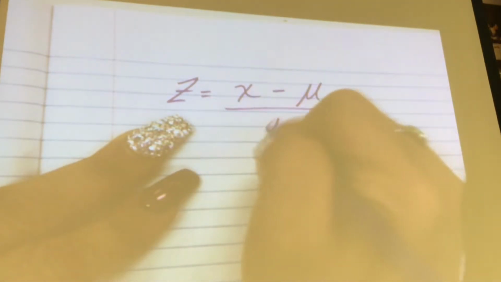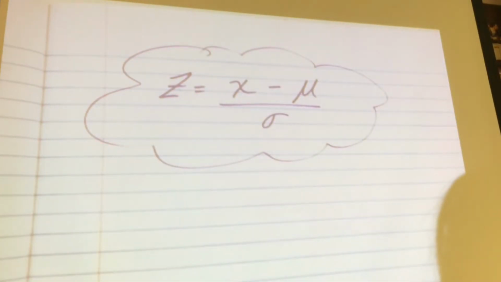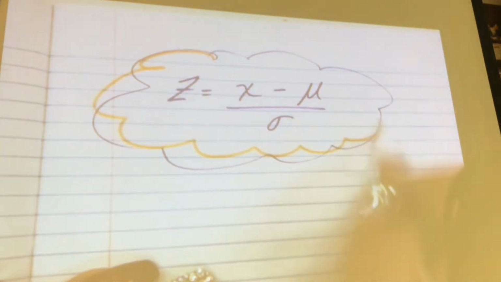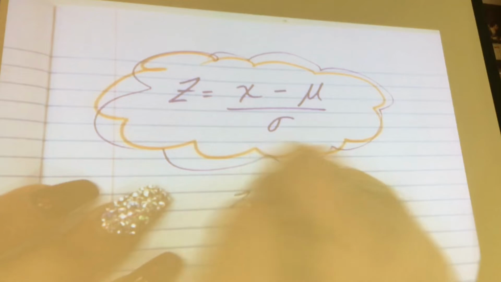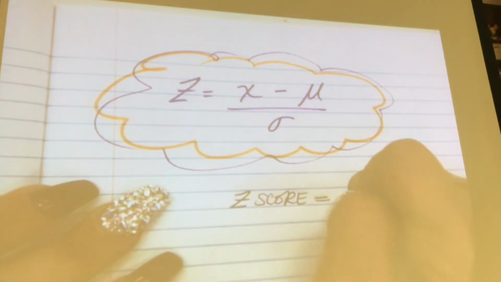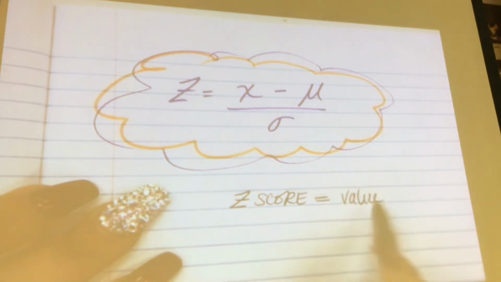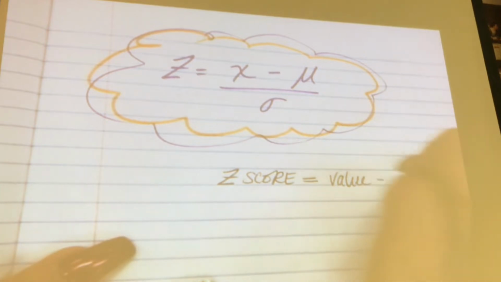Over the standard deviation. Make that stand out for me, please. Let me write that in English, just so that you can see what we're doing here. The z-score is the value, so that's where you would put Mina's value if you wanted to know his z-score, minus the mean over the standard deviation.